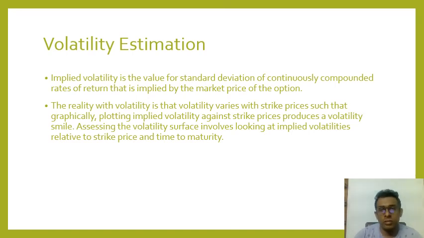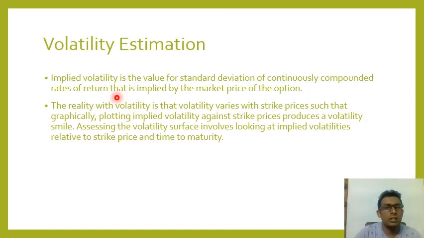There are two other terms that we need to learn, that is volatility smile and volatility surface. Volatility smile is nothing but that volatility varies with strike price, such that graphically plotting implied volatility against strike prices produces a volatility smile.